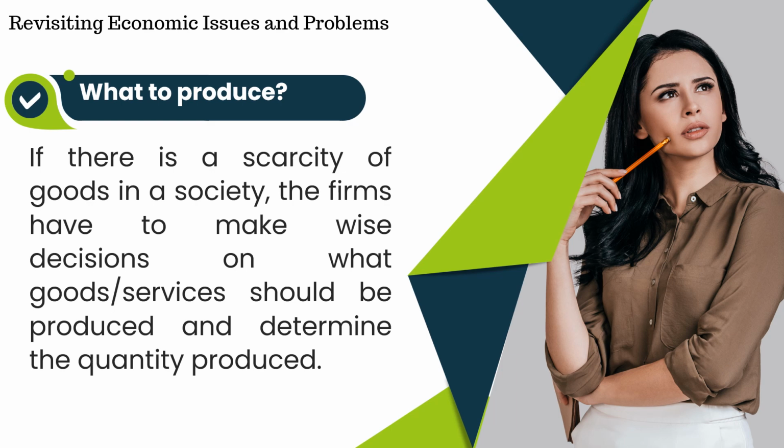This is the allocation of resources among different goods and services. It involves deciding which goods and services should be produced to best satisfy society's needs and wants. Choices must be made about the types and quantities of goods and services to produce given limited resources.